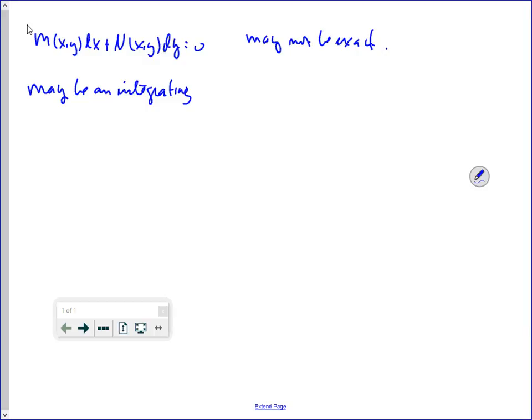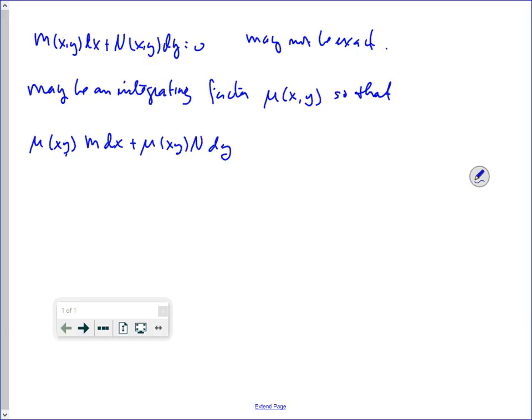There may be some integrating factor, which would be a function of x and y, so that if you multiply mu of x,y times M dx plus mu times N dy equals 0, it is exact.